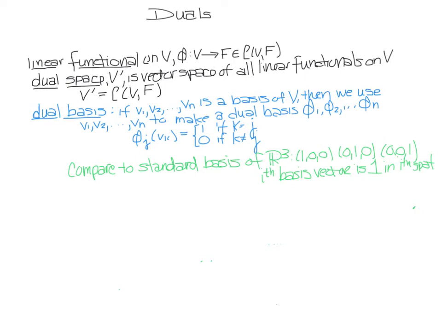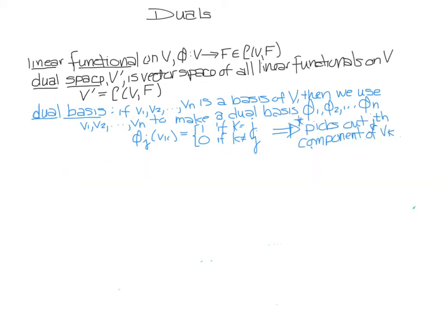It's analogous in that the ith basis vector has a 1 in the ith spot. The second vector in your basis has a 1 in the second spot, and it has 0 everywhere else. This is what is going to allow you to build other vectors and also decompose your vectors. Again, something worth remembering is that this basis vector picks out the jth component of your vkth vector.